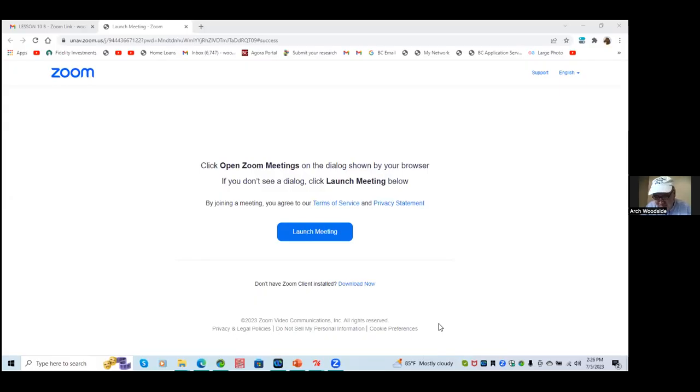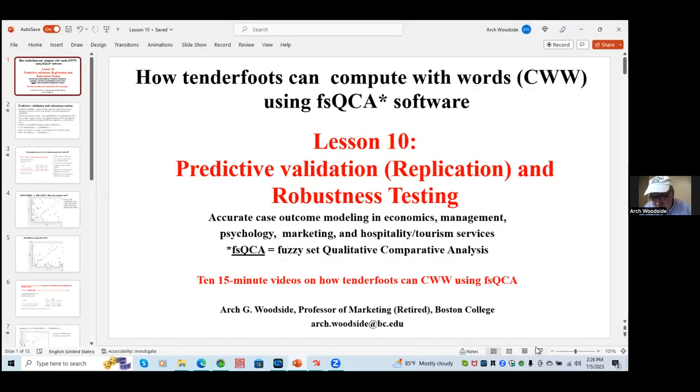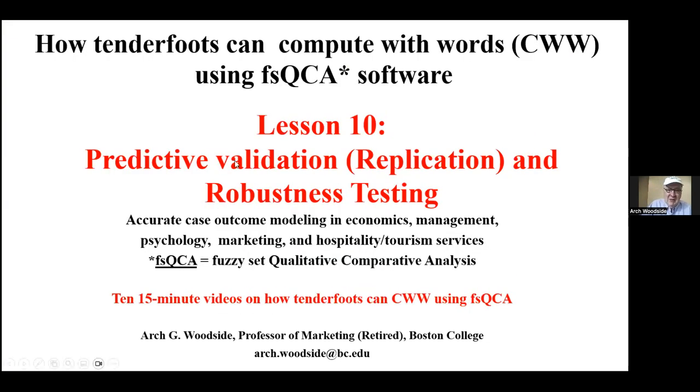And let me show you slides related to this. The topic is predictive validation, in other words, replication. If you can build in replication in your study by having separate samples that you model, each sample, or 3 or 4 samples, the quality of your paper is bumped up a lot, and reviewers really love you to test for predictive validation.